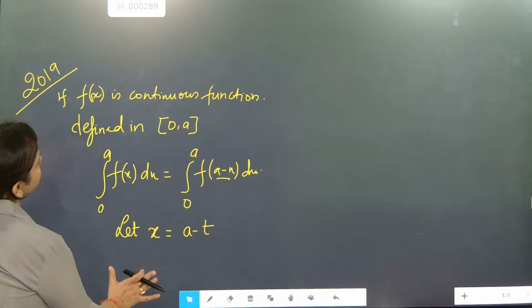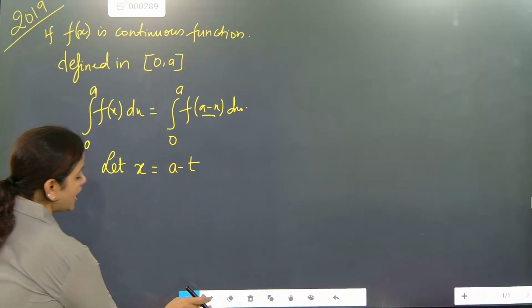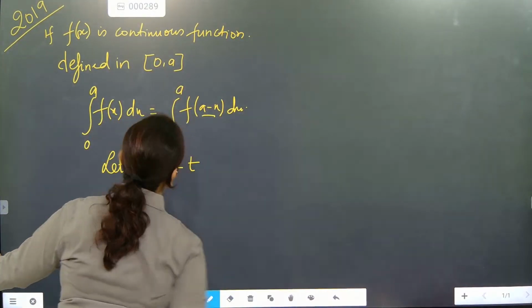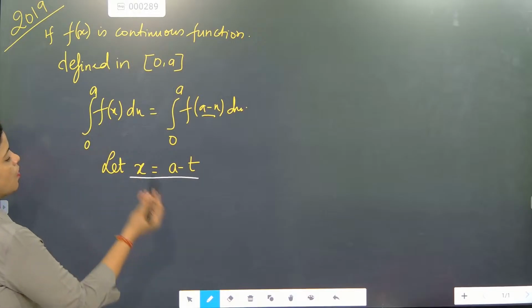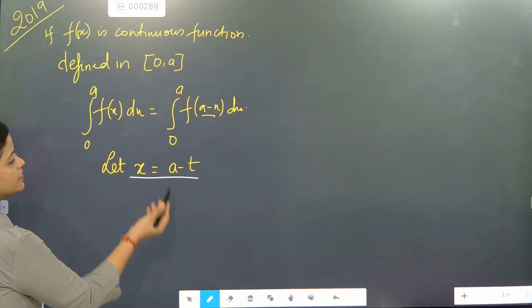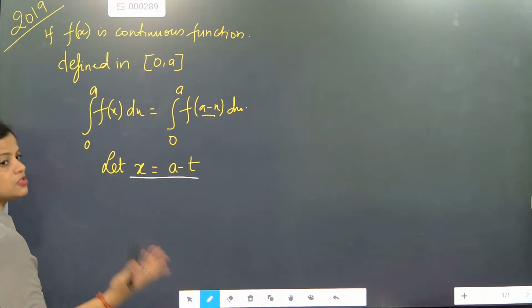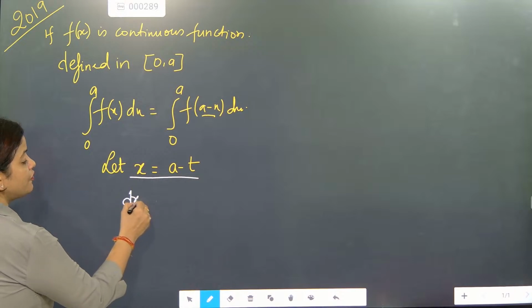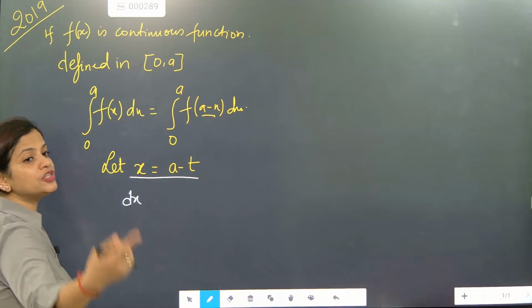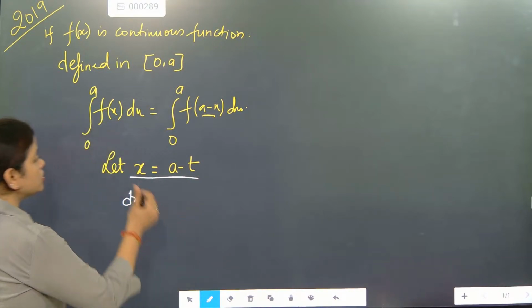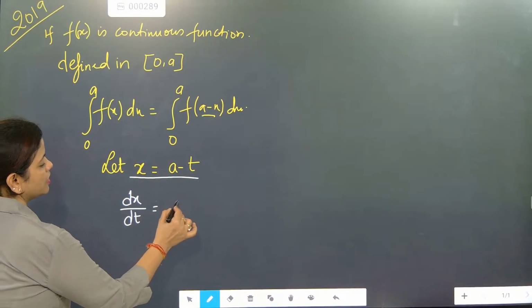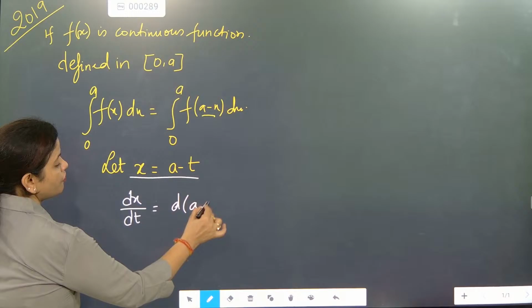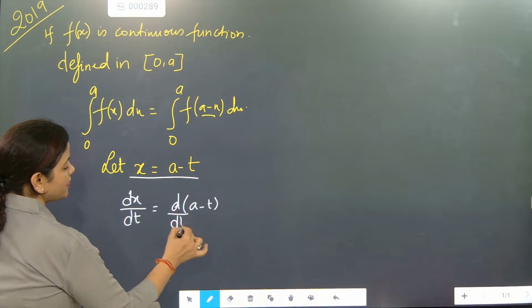Once we have taken x is equal to a minus t, after that what will we do? Tanesh, Madesh, come on, think about it. If I am taking x is equal to a minus t, what can we do? We will differentiate it with respect to t, because now t is going to change. Don't differentiate with respect to x. Differentiate with respect to t because you have taken x is equal to a minus t. So dx by dt is equal to the differentiation of a minus t with respect to t.